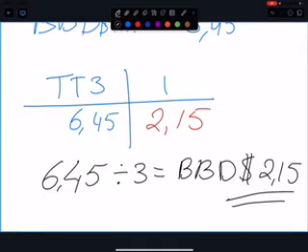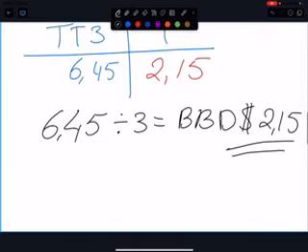The next page, Gale exchanged 1806 Barbados dollars to US. How much do you get? Same thing again.